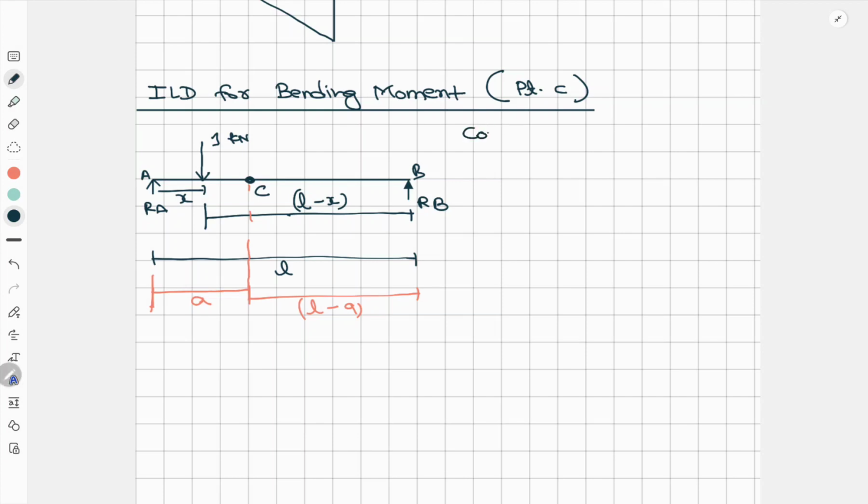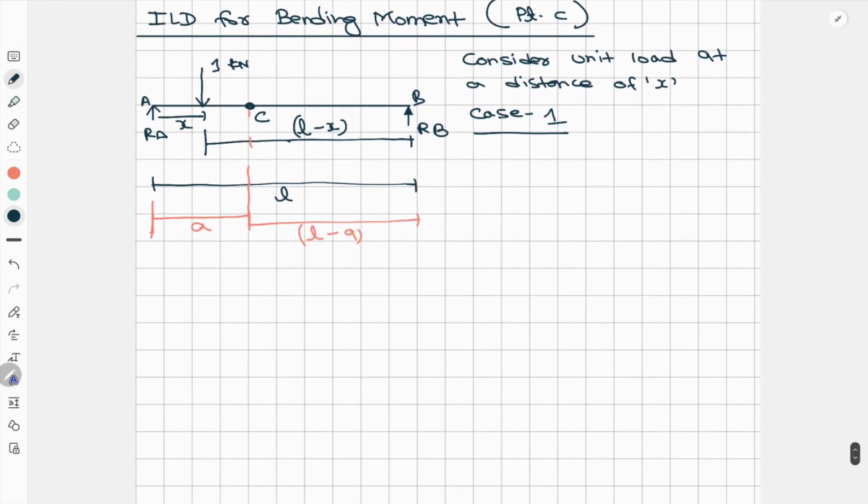Consider unit load at a distance of x. Now we'll find for case 1.